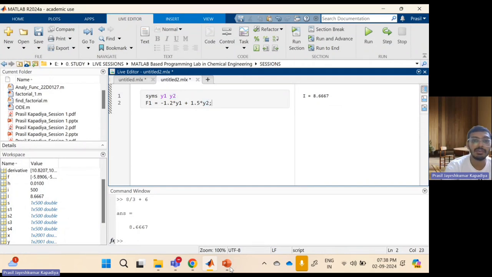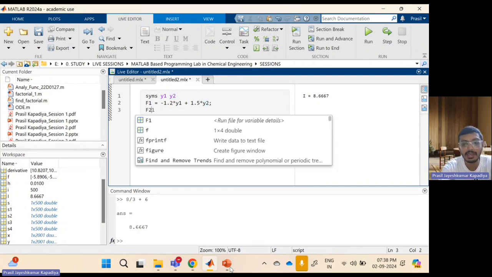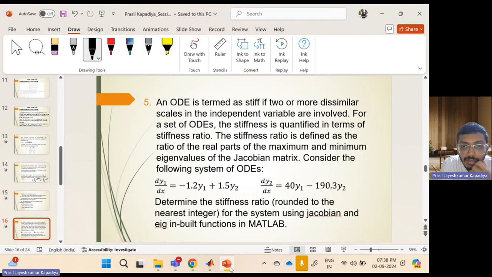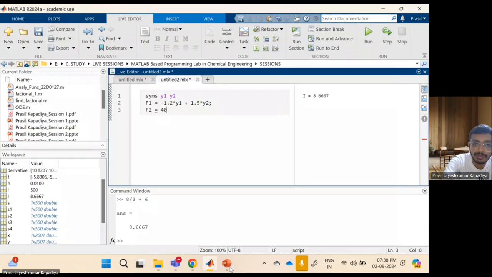So this is my first equation. My second equation f2 is equal to 40 into y1 minus 190.3 into y2. So I have written down two equations, f1 and f2.